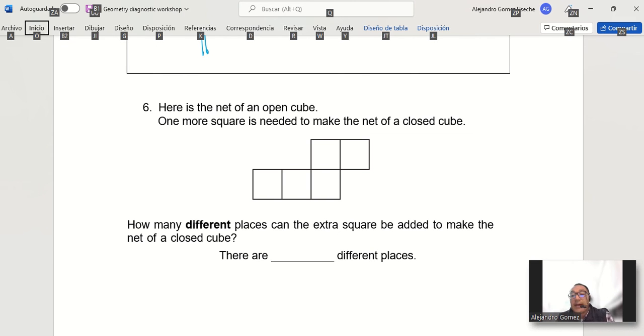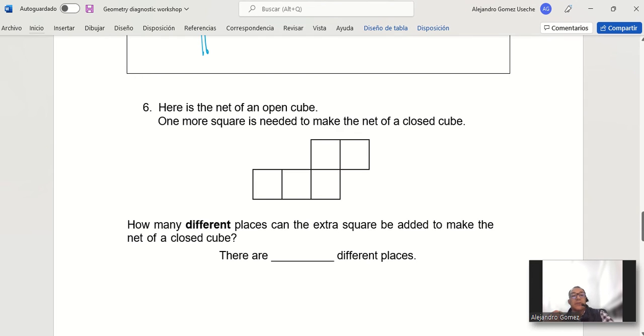However, because it is a cube, no matter what the net, the construction of the net is, it must have 6 faces. And if we are missing one, it can be located in 4 different places, right? Because there are 4 walls in whatever way we look at the cube.